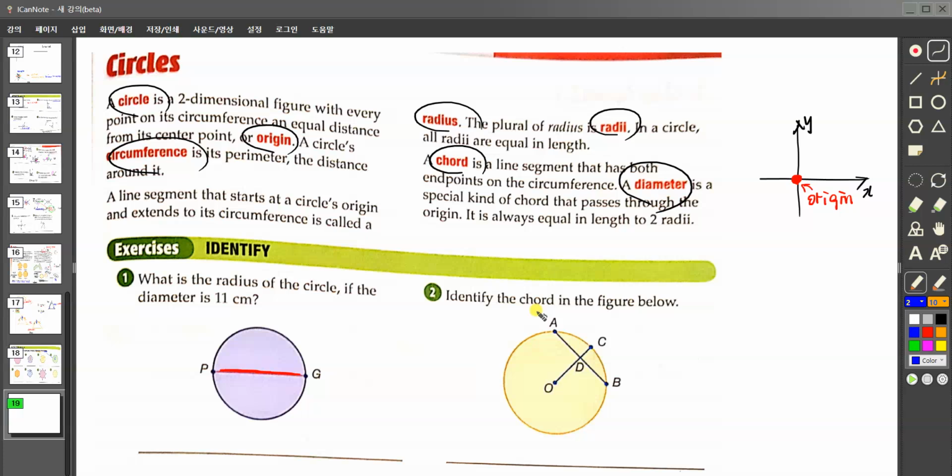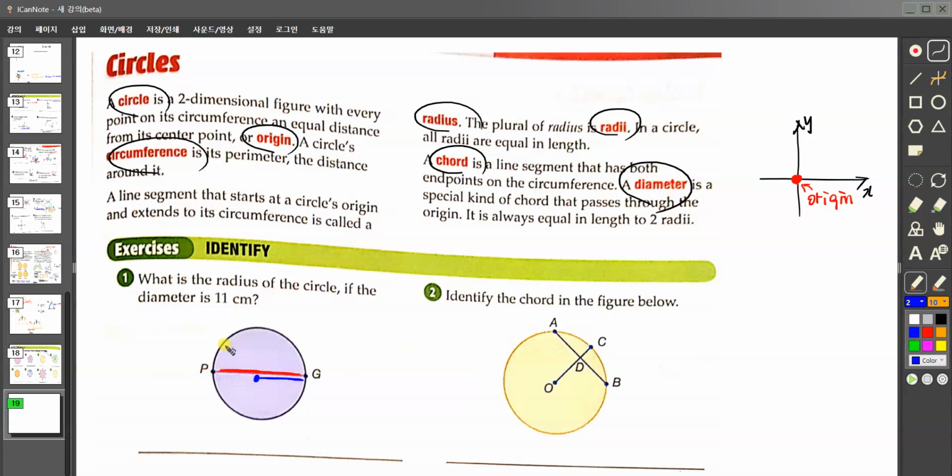Diameter. And next, this line. What can we call this line? Diameter. Still diameter.